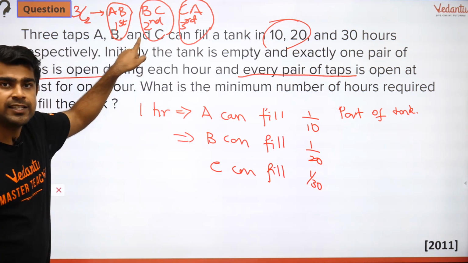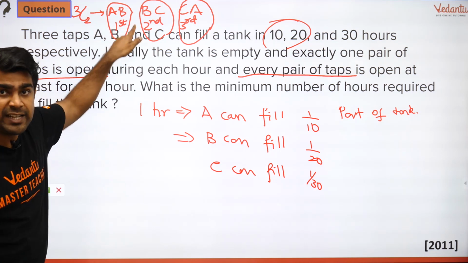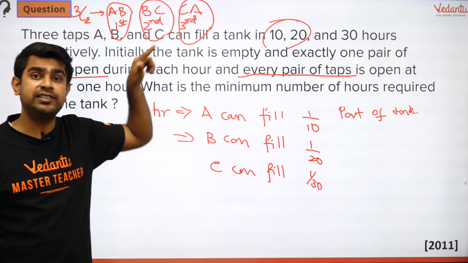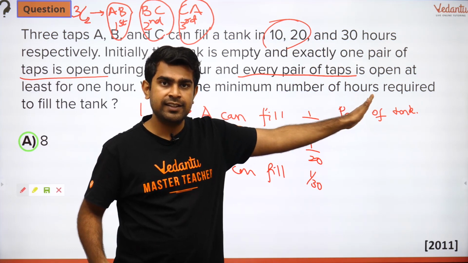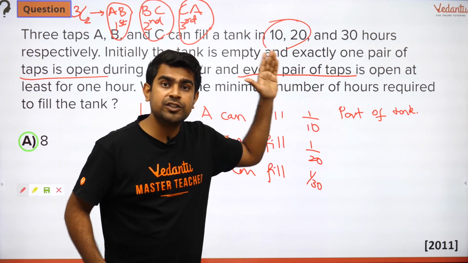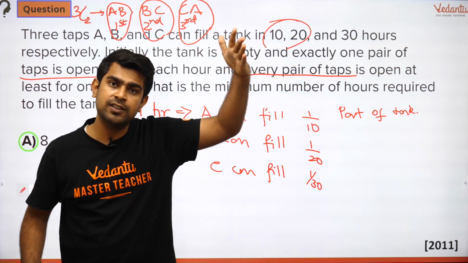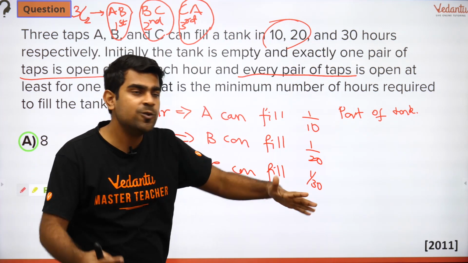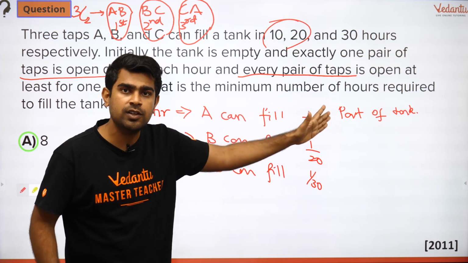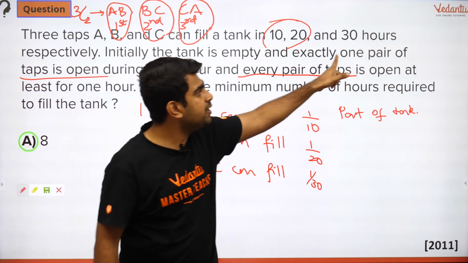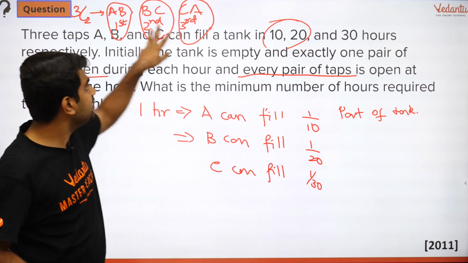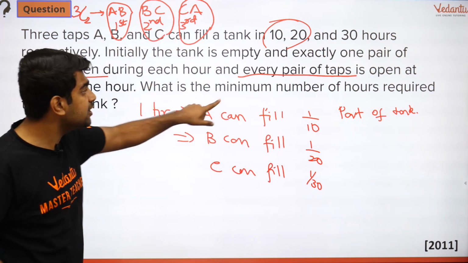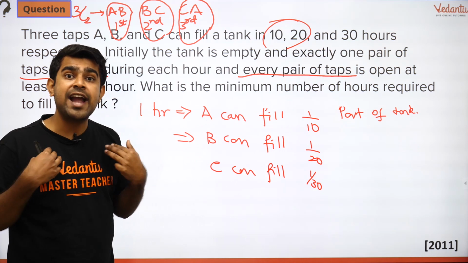So when I make sure the first hour is AB, second hour is BC, third hour is CA, I have now satisfied this condition, so it is now thrown out. Getting it? Now if this condition is satisfied and removed, what is left? Exactly one pair is used. So now after these 3 hours are done and this condition is satisfied, what is my ideal case?